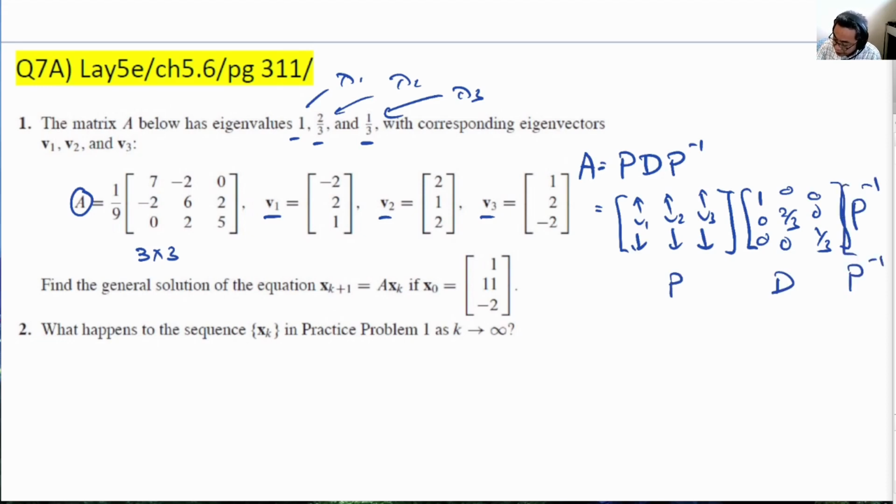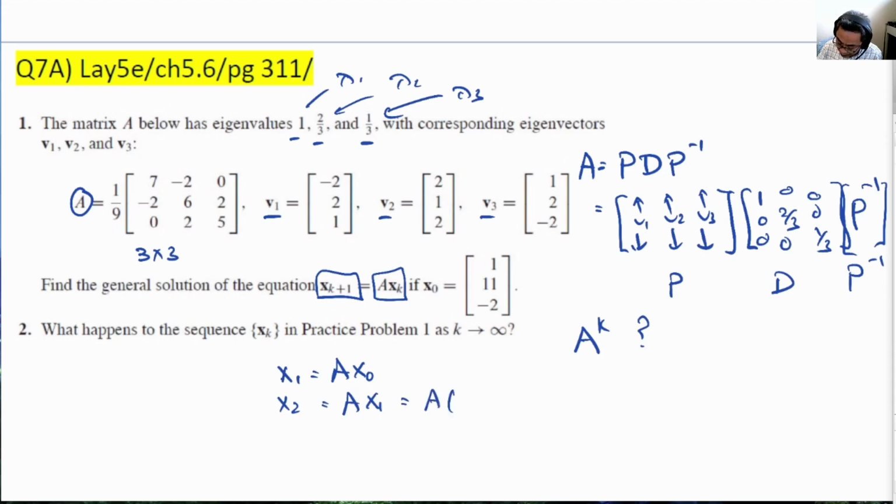Alright, so what we are going to do now is as before. What happens in A^k? Why A^k? Well, the equations that we are given are these. Let's start with x of 1 equals A times x of 0. x of 2 equals A times x of 1, which equals A times A times x of 0, equals A squared x of 0.